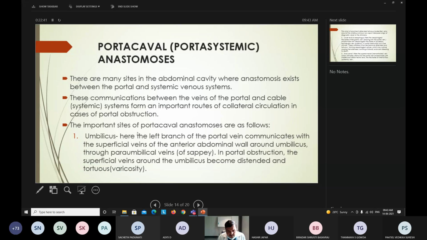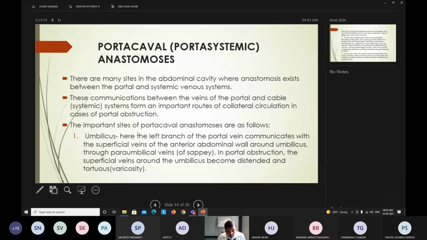These communications between the veins of the portal and systemic systems form important routes of collateral circulation in cases of portal obstruction. The first important site of portocaval anastomosis is the umbilicus, around the umbilicus.